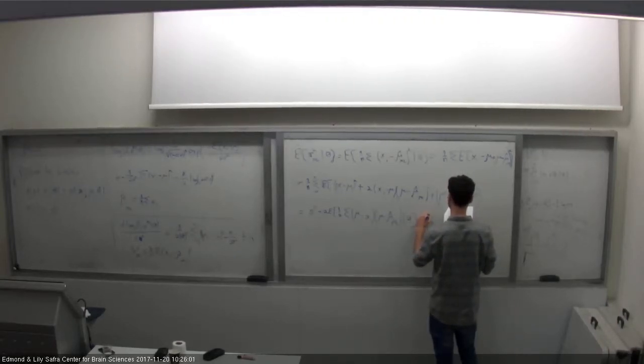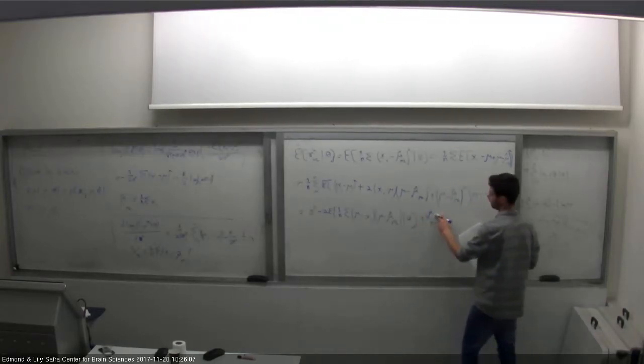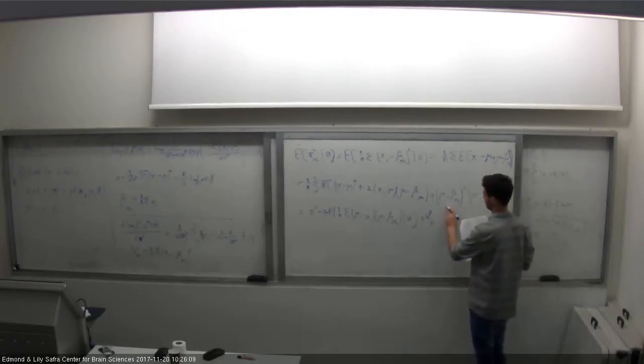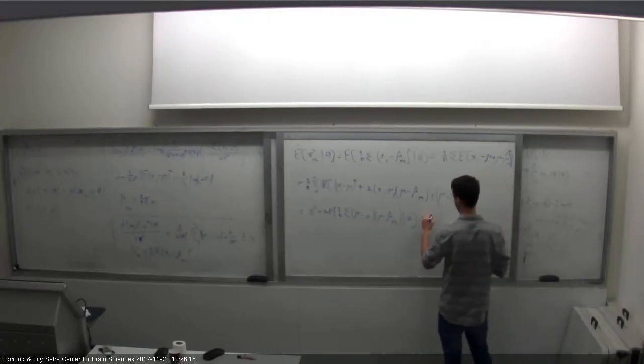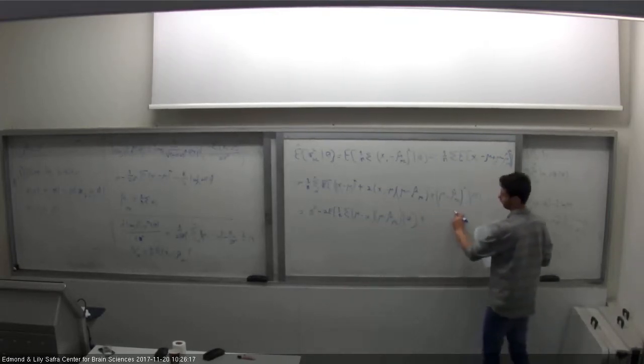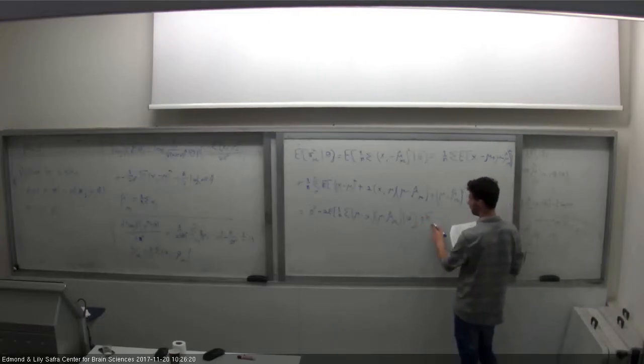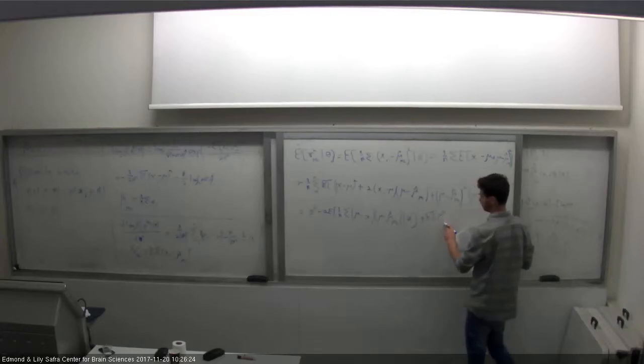It's mu. It's the expected value, because we can take it. So, right? We can write it as the expectation of mu to the square.